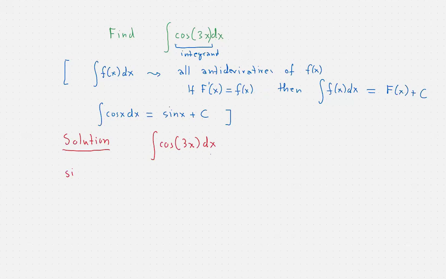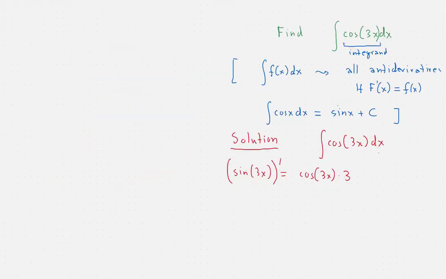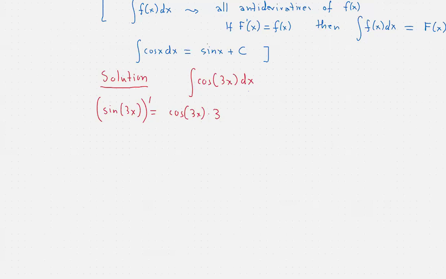Well, if we take the derivative of sine of 3x, we find cosine of 3x times the number 3. This is implied by the chain rule. So we see that we don't find exactly cosine of 3x, but we also find a multiplicative constant, 3. Whenever that's the case, then our answer is going to be our initial guess, which is sine of 3x, divided by that constant, meaning divided by 3.